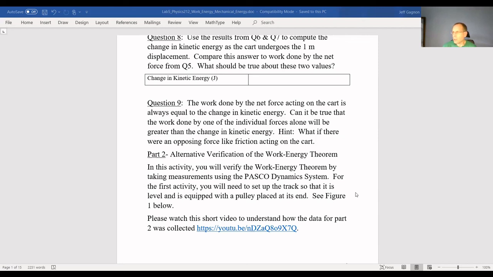What if there was a frictional force acting against, resisting the motion, and then you have several forces accelerating the cart in the opposite direction of the friction? So can the work done by one particular force be greater than the change in kinetic energy?